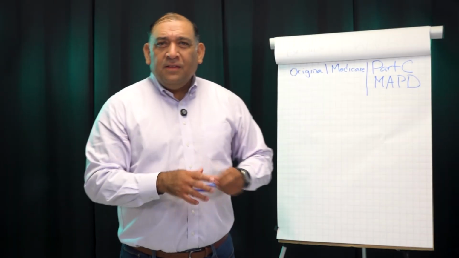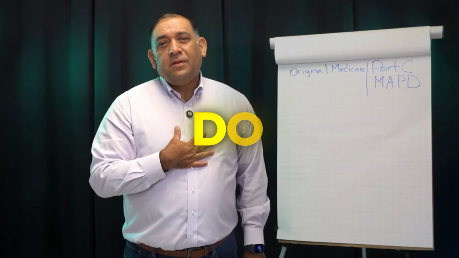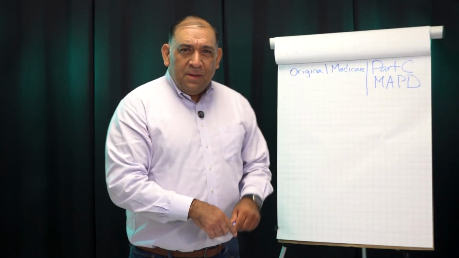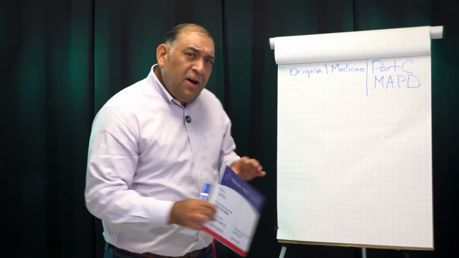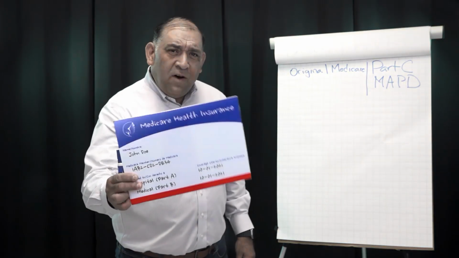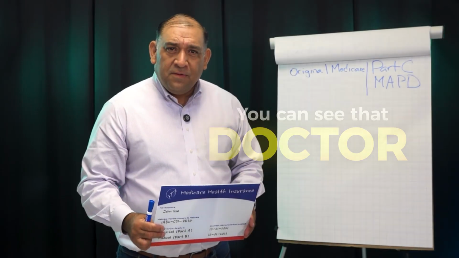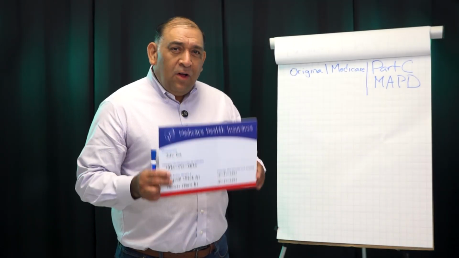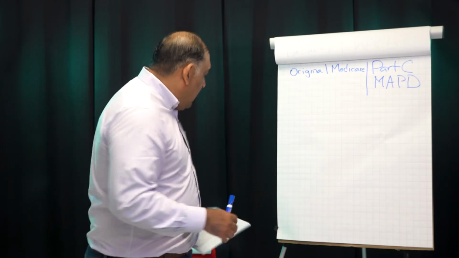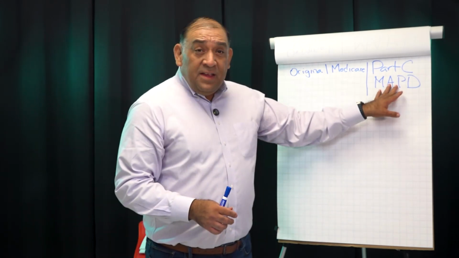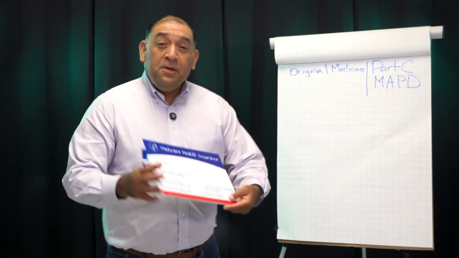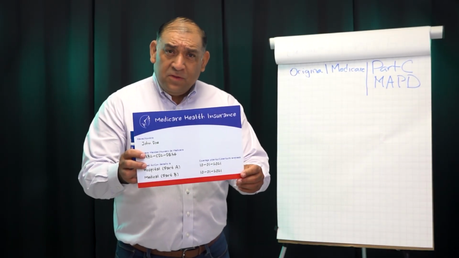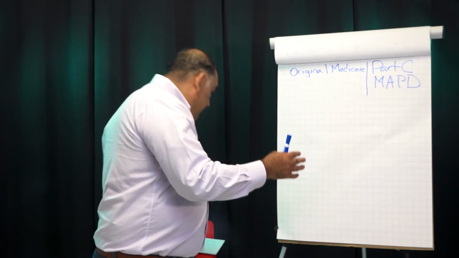The first thing is, who do you go see for your health? The doctor. So what's the main difference? Original Medicare, as long as the doctor says yes to this card, you can see that doctor. No problem. Now, Part C of Medicare, you're gonna get a private insurance, a different card.